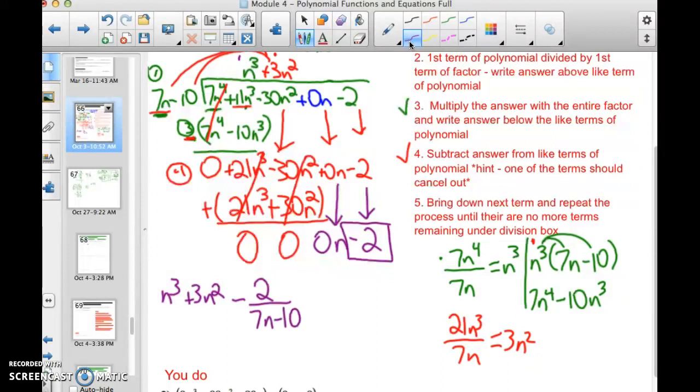And that should tell you two things, all right? The fact that this factor in question had a remainder when I divided it, it is not a factor of this big polynomial here, all right? And the solution of that factor is also not a solution of that polynomial.